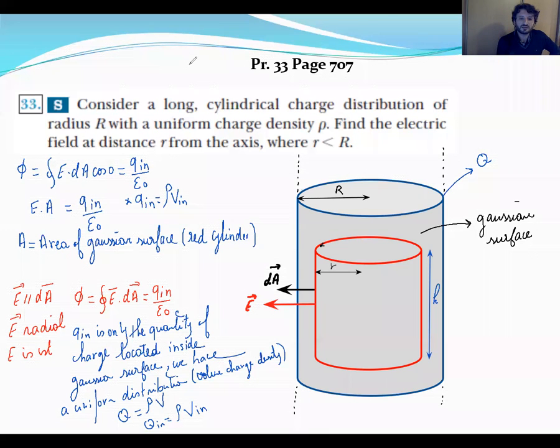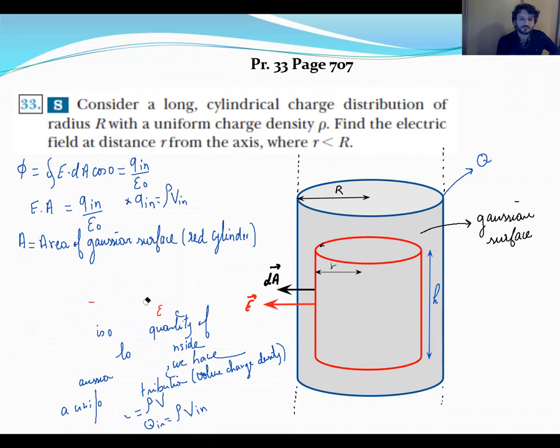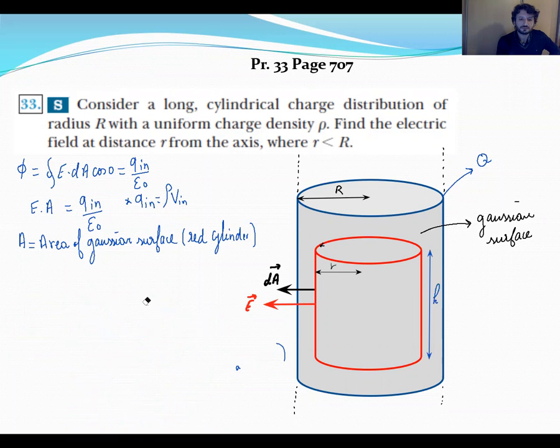We can write A equals pi r square, the area of this disk, times the height.